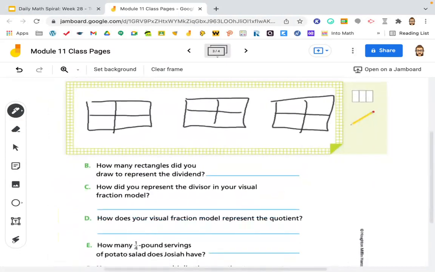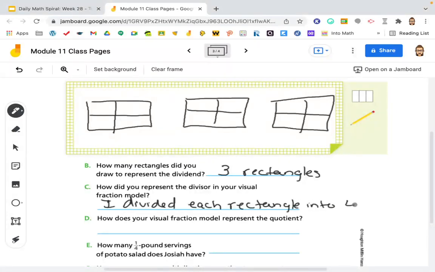And it says, how many rectangles did you draw to represent the dividend? 3 rectangles. How did you represent the divisor in your visual fraction model? I divided each rectangle into 4 equal parts. How does your visual fraction represent the quotient?